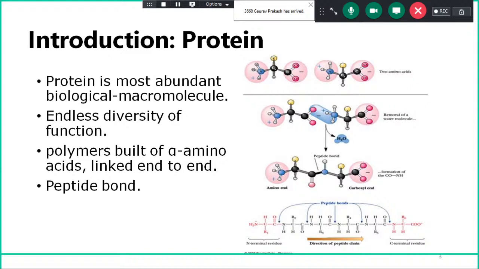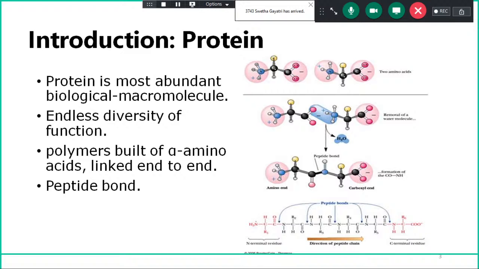Some of the hormones are protein in nature. Then in cell signaling, they act as receptor proteins, and they transport biomolecules. So you name it, and protein will be there in some form performing an important function of the human body.